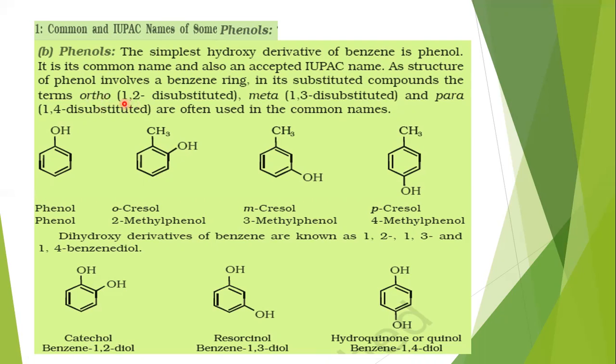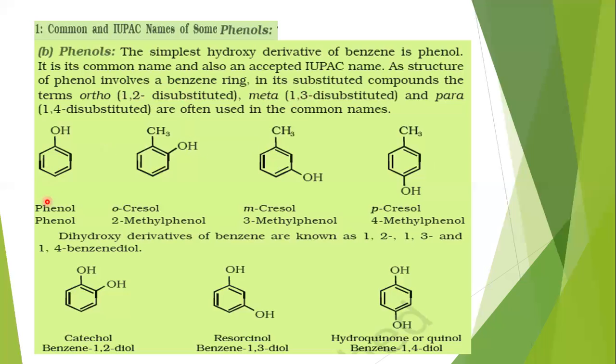What is the ortho position? 1-2 substituted is the ortho position. Meta means 1-3 substituted, and para means 1-4 substituted. These are often used in common names. Ortho, meta, para should be used in the common nomenclature of phenols, but in the IUPAC nomenclature system we use numbers.